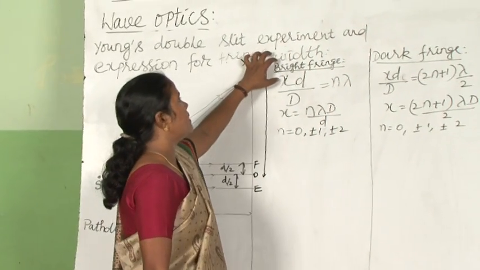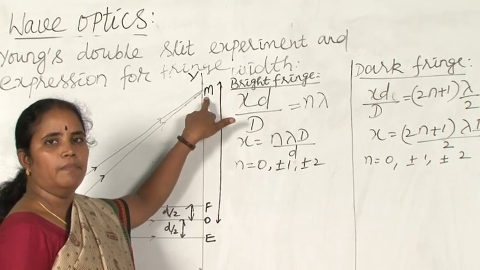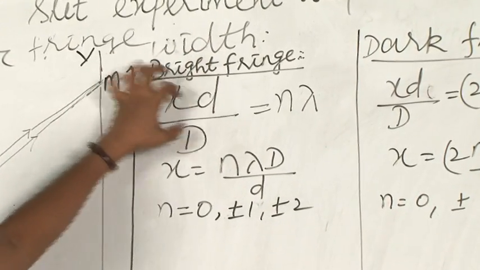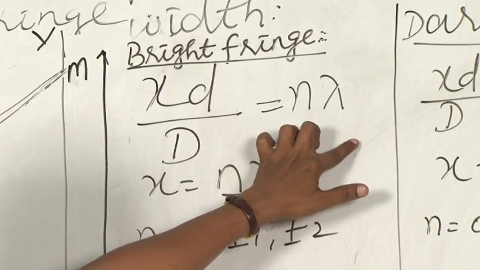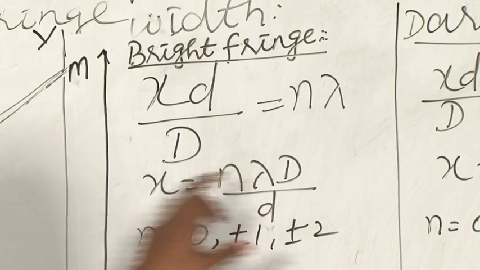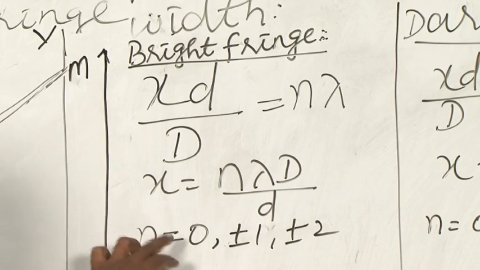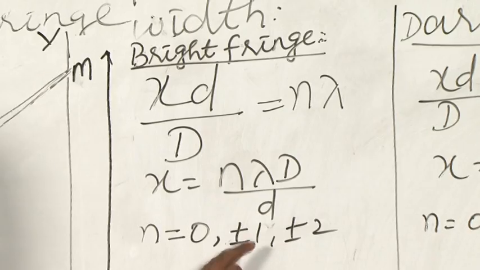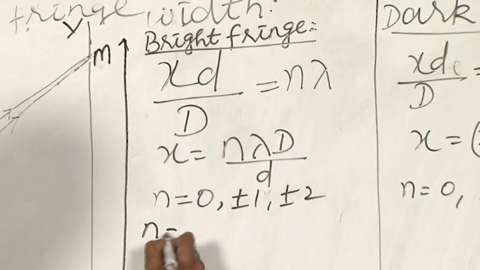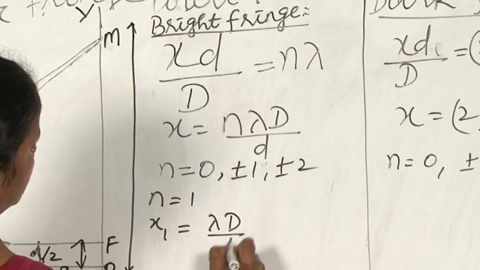The condition for the bright fringe on the screen: if the point M has to be a maximum intensity point, then this path difference must satisfy the condition n lambda, or we can say x is equal to n lambda D by d, where x is the distance from the point O, and n is equal to 0, plus or minus 1, plus or minus 2, etc. If n is equal to 1, x1 is equal to lambda D by d.